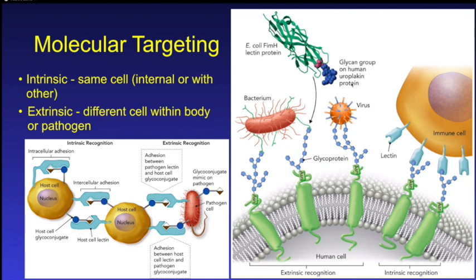And what happens is, as this binding occurs between these sugars, the bacterium or the virus can invade and infect the cell. There are quite a number of proteins and cells that actually use these sugars selectively to bind and bring the cell that is needed into the right place.